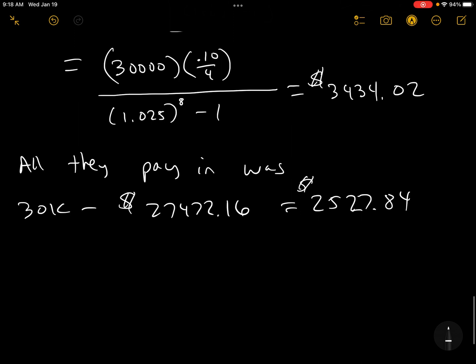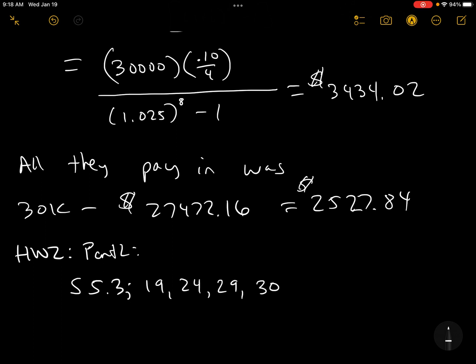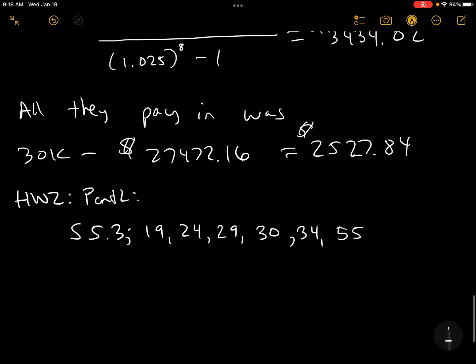Okay, so this is already posted at Brightspace. This is homework 2, the second part of it. It's from section 5.3: 19, 24, 29, 30, 34, and 55. And so also add, for pick one, pick one of these amortizations.